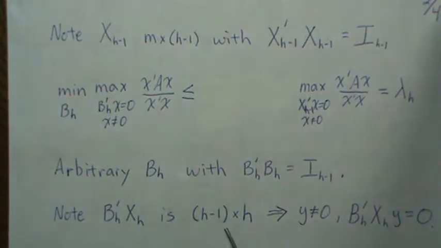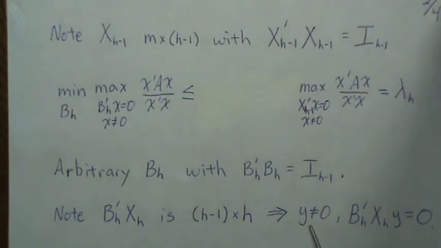So there are more columns than rows. And then that says that this is a singular matrix, which says that we can find a y, a linear combination of columns, that equals 0 such that the coefficients are not 0.